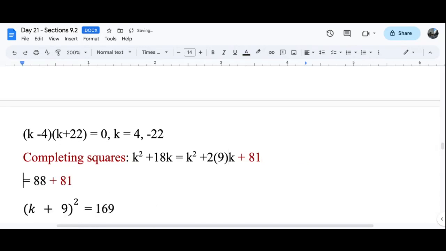So I'm going to separate those two, okay? Where does this come from? It's from 9 squared. But then we have a minus 9 squared, right? We cannot just add 9 squared. So then this one becomes k plus 9 squared minus 81.